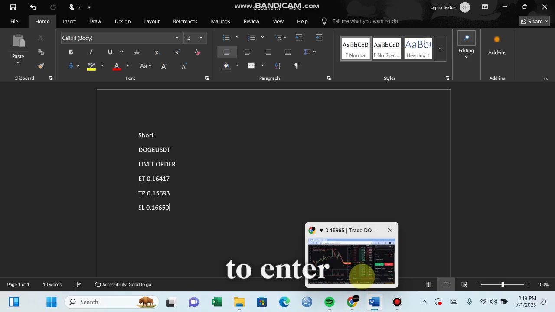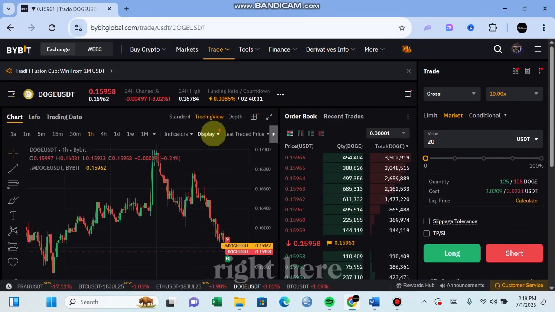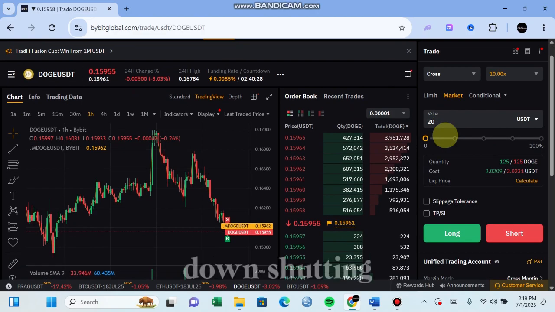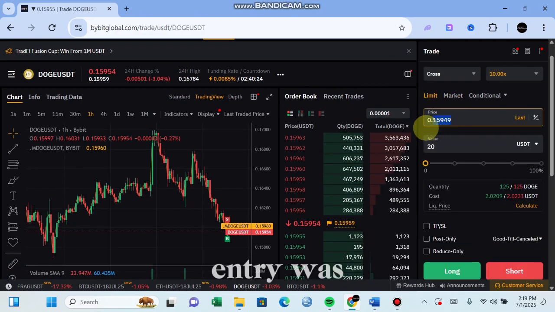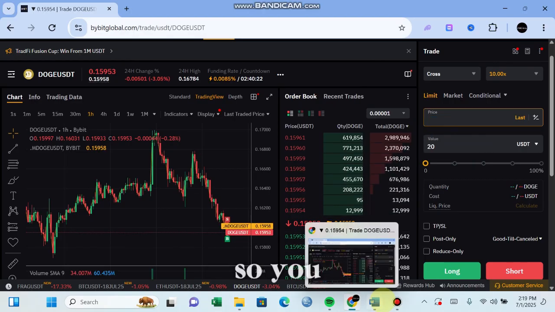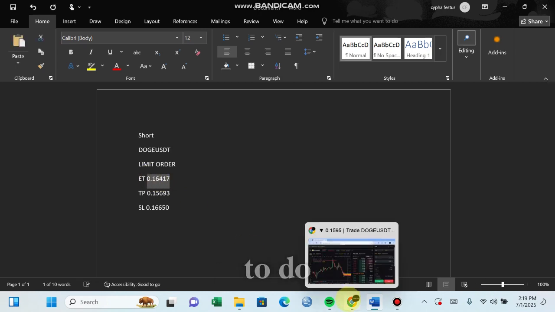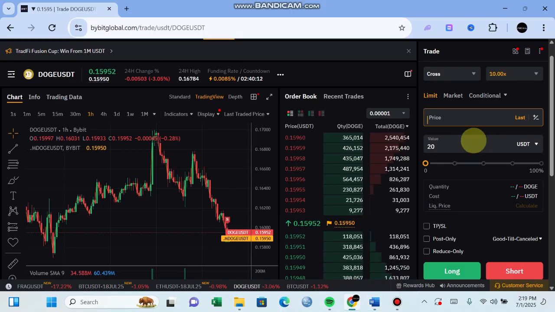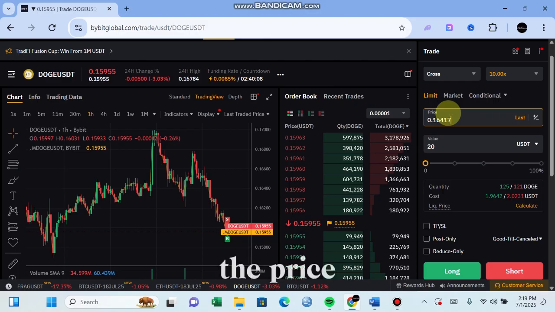So to enter this, you can come to this. What I said was USDT, which is right here, and short, limit order, shorting this coin. So the entry was what? You just have to copy this. The entry was 0.16. So you just copy the entry, and all you do is you come to this place and put it in for the price.